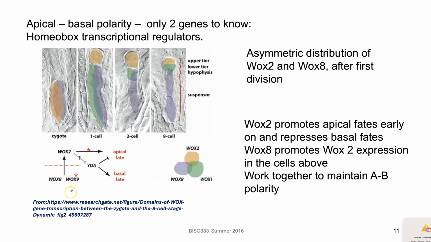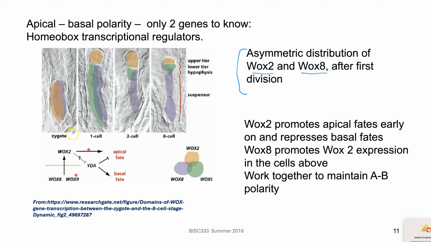And now this is from a publication, and it just has a little bit more information. So this is at the early cell stage, and there's just 2 genes that you need to know. There are, yes, a bunch of other ones, but these are called WOX genes, WOX2 and WOX8.